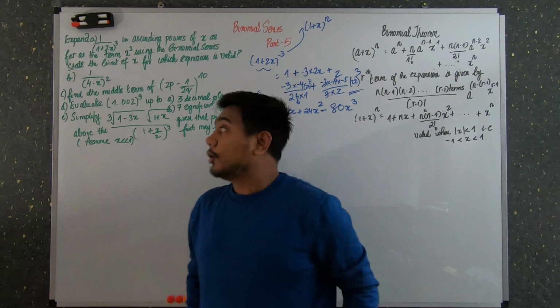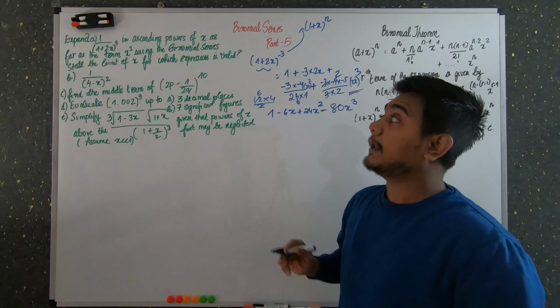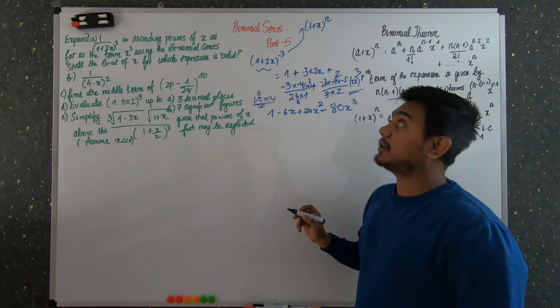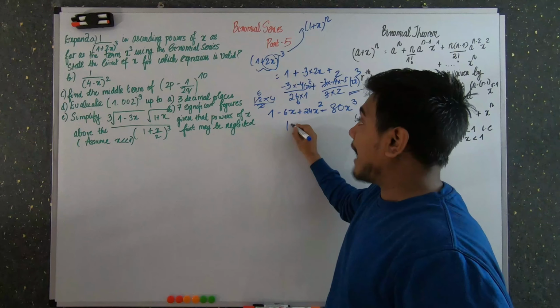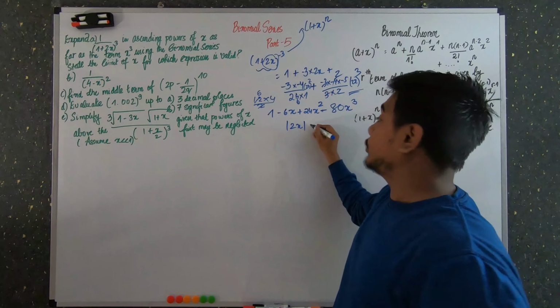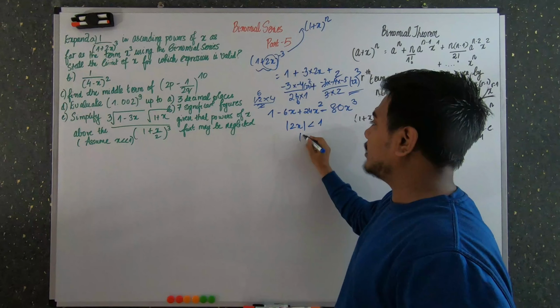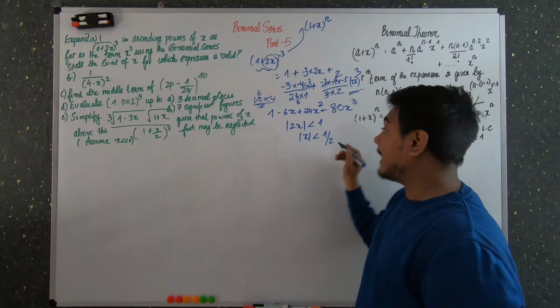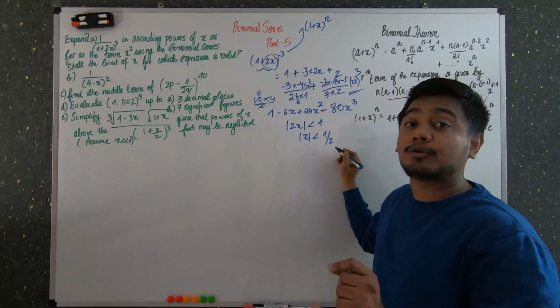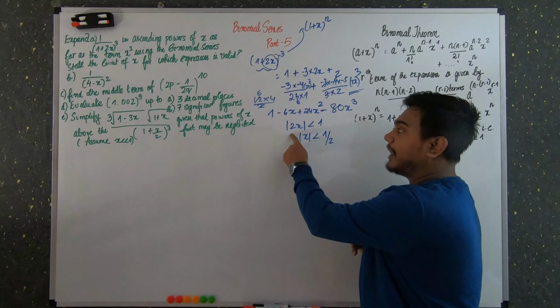And the second part is what? State the limit of x for which the expansion is valid. As I already said, this is valid until mod of 2x is less than 1. So the value of x is valid when it lies between minus 1 by 2 and plus 1 by 2. Why? How did I write this?